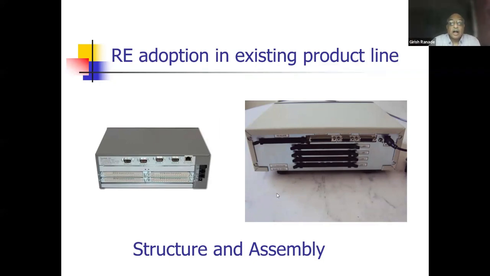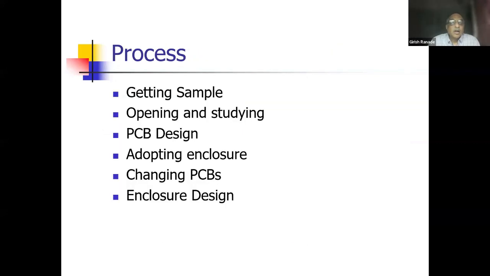This called for, again I'll repeat, a lot of accuracy in fabrication, but we did it, and the product is really very easy to assemble, very easy to maintain. So the design was beautiful, and so the structure in this case was adopted. We redesigned our PCBs to suit our structure, and that's how we have reverse engineering in our existing product line.